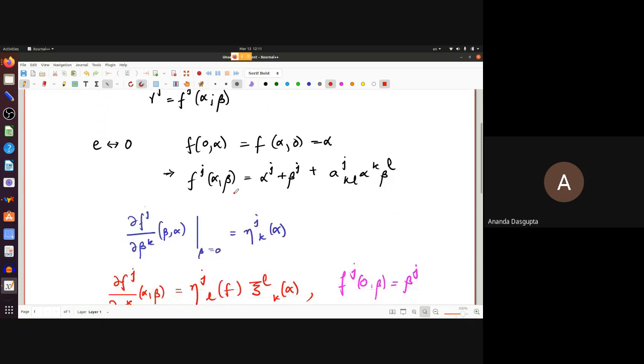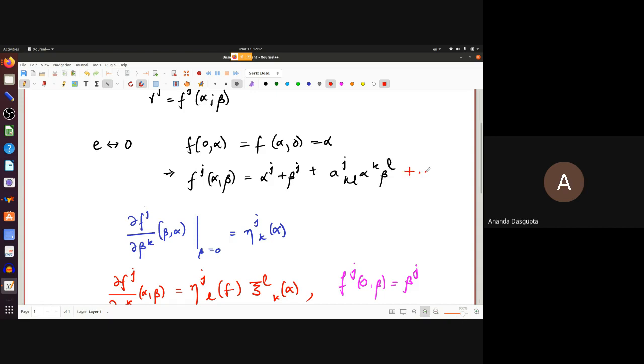Again, we have seen this before. We choose our parameters in such a way that the identity element gets a bunch of zeros as parameters. And therefore, if you put in 0 for either the first or the second argument in F, the other argument always comes out as simply A into E equals E into A equals A. And from that, we argued that if you did a Taylor expansion of Fj, the jth coordinate, the jth function, in terms of alpha and beta, it must have this form.